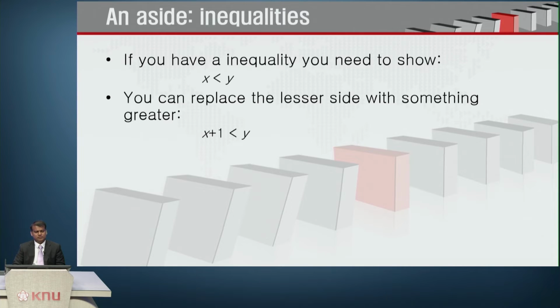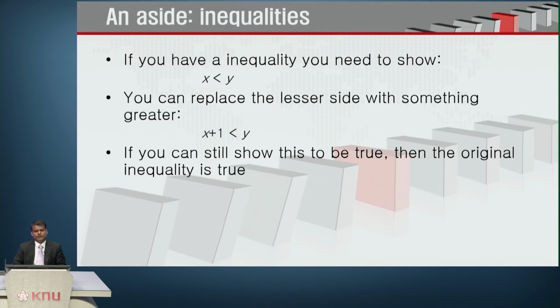So this is a simple measure. If we can still show this to be true, then the original inequality is true, right? If x plus 1 is less than y, then definitely x should be less than y.